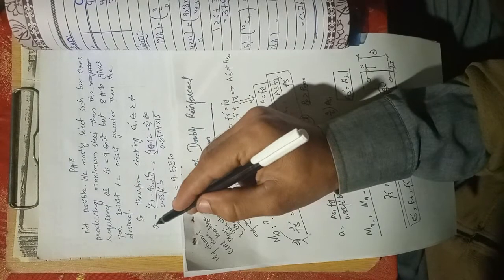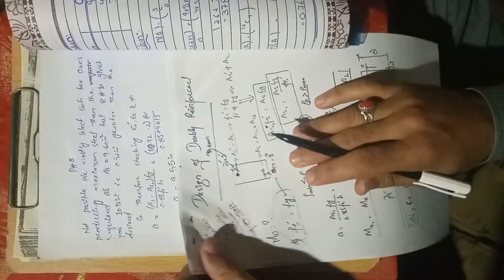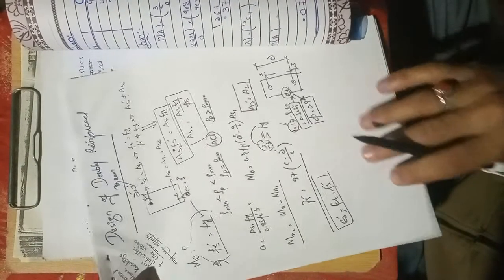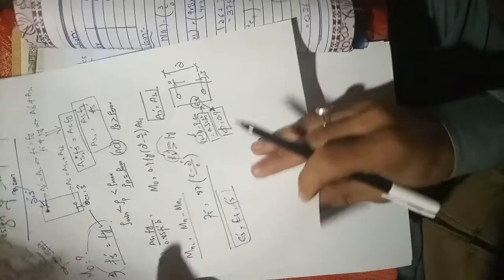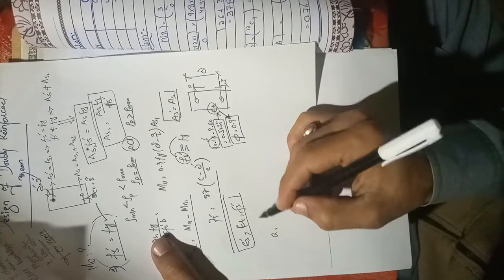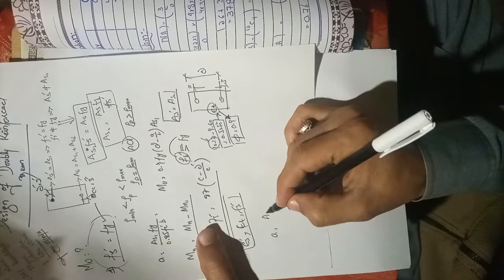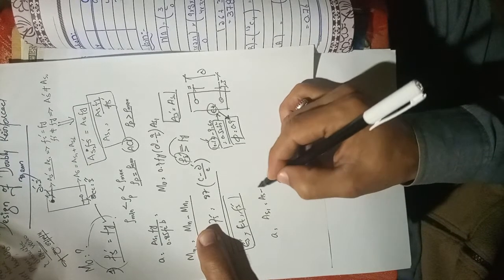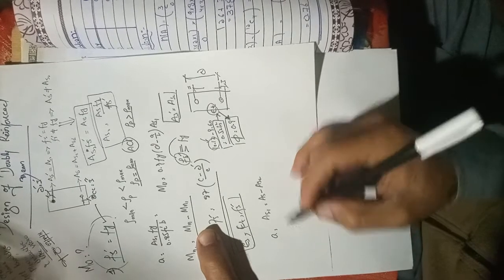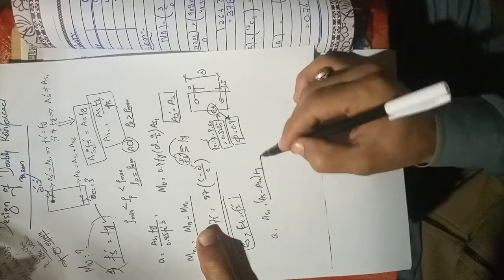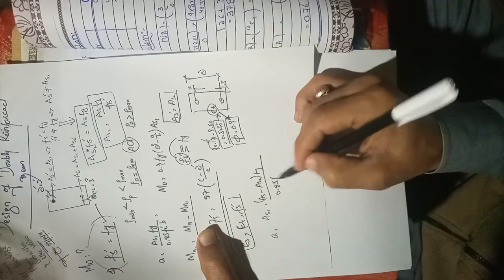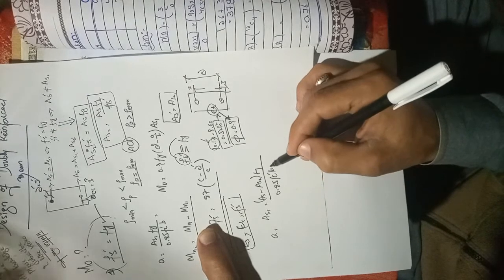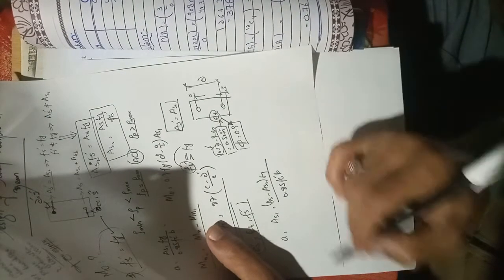So let's see, we recalculate the value of a. Now at this time, remember, a is now a is 1, right? A is minus a is 2, into fy divided by 0.85 fc prime into b into beta 1, I think so, into b, sorry, into b.